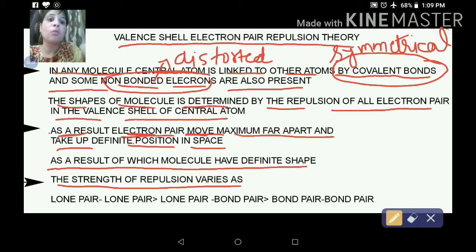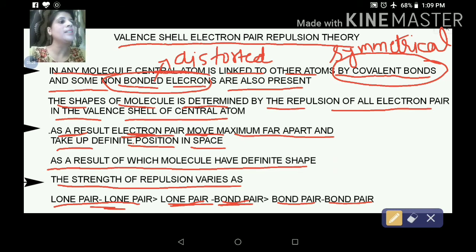So the lone pair-lone pair repulsion is greater than lone pair-bond pair repulsion. If one lone pair and one bond pair are there, the repulsion is less. And if both are bond pairs, then the repulsion between them is minimum.